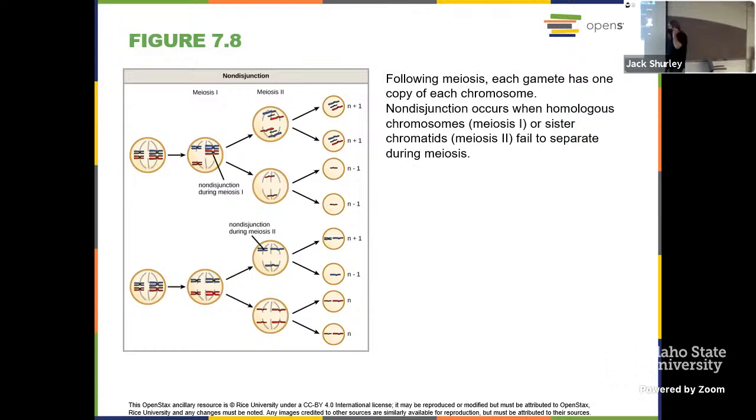So non-disjunction, again, there's a couple of different potentials, whether it be the first or the second round. Here we've got them divided into the two different possibilities. The top one happening in meiosis one. So we've got our homologous pairs lined up in metaphase one.